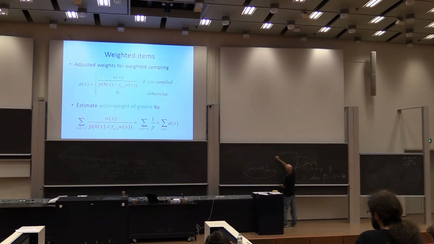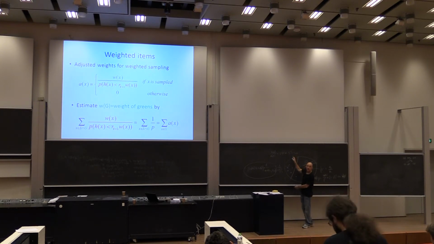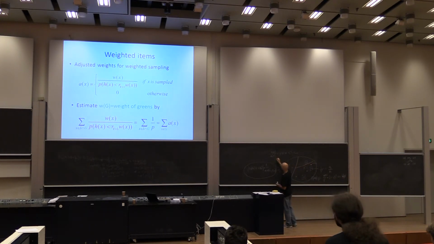The rank of x, if I use priority ranks, which are maybe the simplest to present, then I need the hash value of x divided by the weight of x to be smaller than this. And this happens with this probability. This is a uniform. It is equivalent to h of x being smaller than the k plus 1 rank times w.